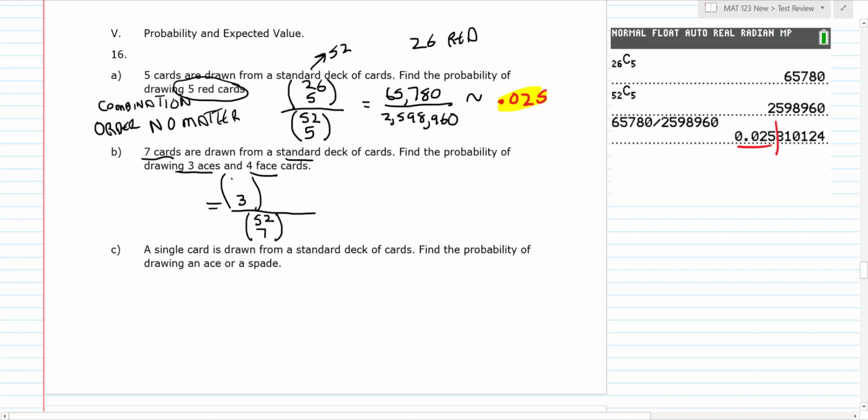How many aces are in a deck? There are 4 aces in a deck. Now, aces and face cards are different, so there's no intersection, so we don't have to worry about that. There are 12 face cards in a deck, and you're choosing 4. The face cards are Jack, Queen, and King. So that's what you want to work out.